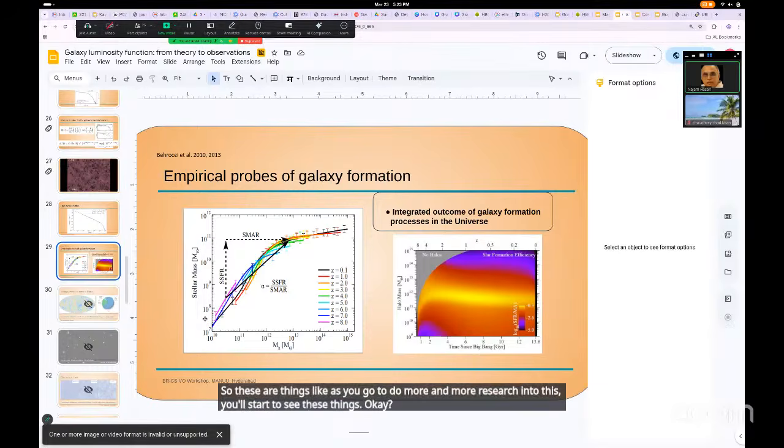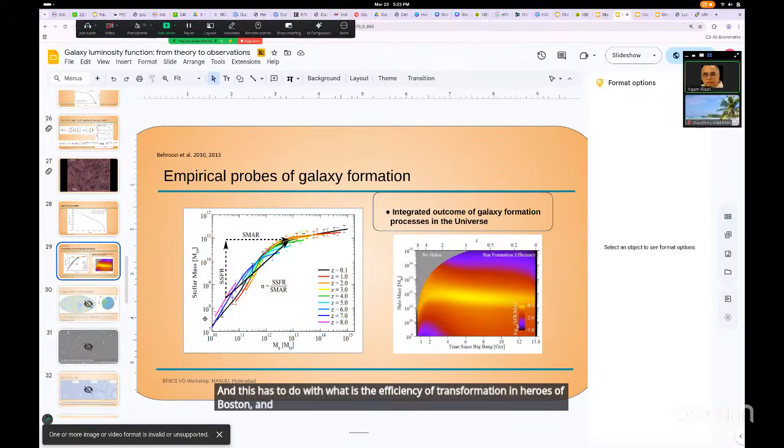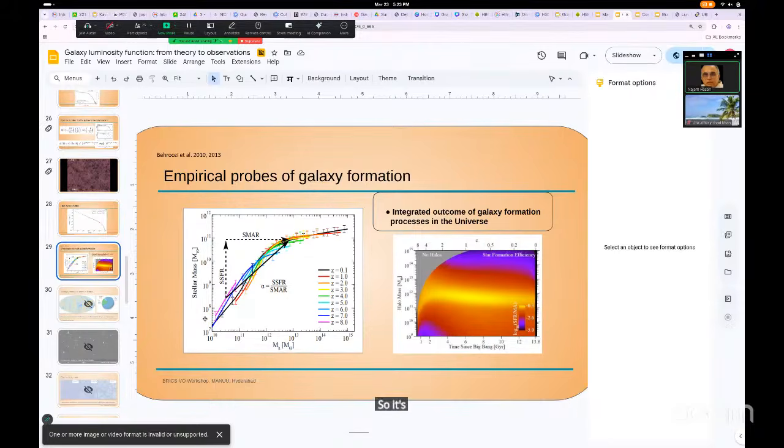Okay. And this has to do with what is the efficiency of star formation in halos of mass and how it changes, and how star formation creates feedback and affects the luminosities of galaxies that form in it. So it's a lot more involved, the answer to that question.